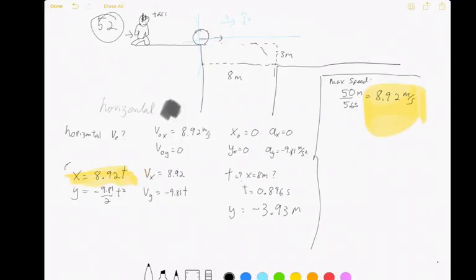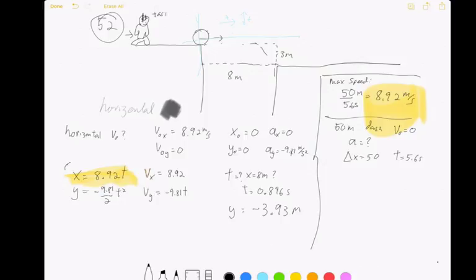What if the 50-meter dash starts with v initial equal to 0? If that was the case, then there would be an acceleration. I don't know what the acceleration is, but I do know that delta x is equal to 50, and the time would be equal to 5.6 seconds.